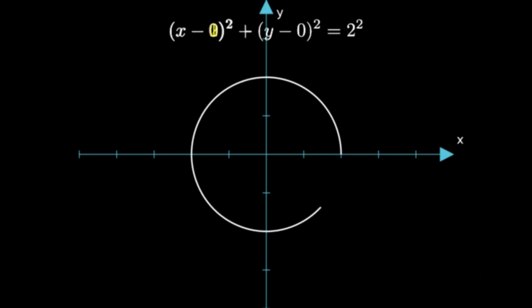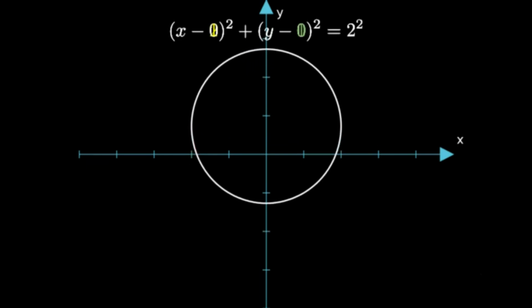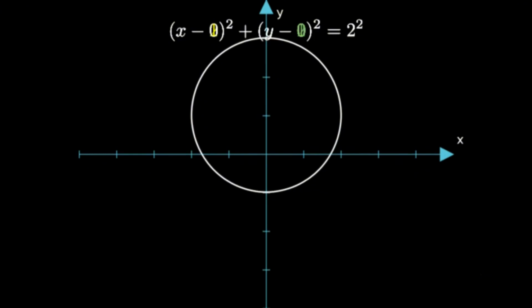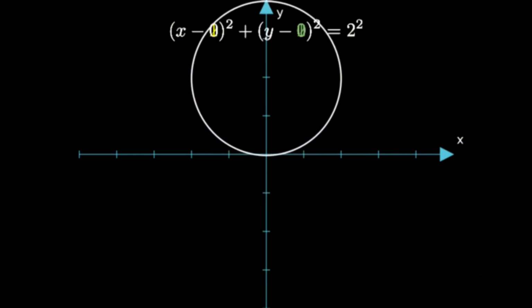Next, let's examine how the k parameter affects the position of the circle. The k value controls the y-coordinate of the center point. In our equation, the k parameter appears in the y term as (y - k)². When k is positive, the circle moves upward, and when k is negative, the circle moves downward.